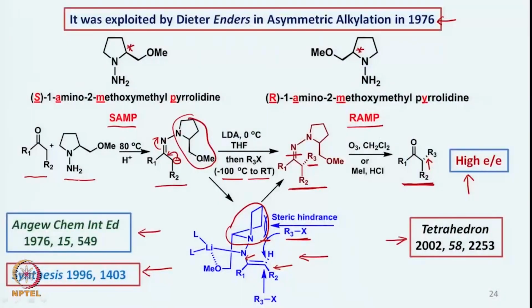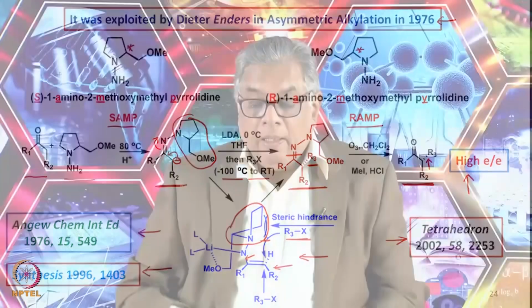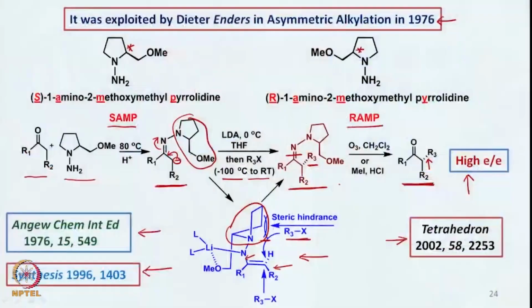Basically when you react this ketone with this hydrazine, then you are generating hydrazones, and then after the CC bond formation is done, what are the further reactivities of these imines that can be taken up. At the same time, what are the further developments in asymmetric CC bond formation, that also we will see in the next class. Till then bye, and thank you for today's class.